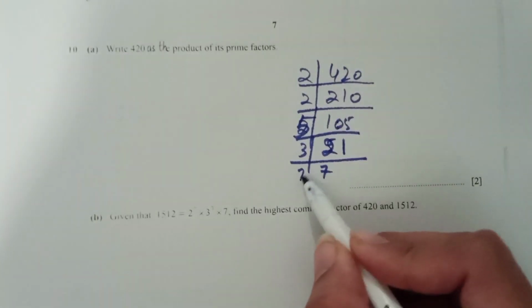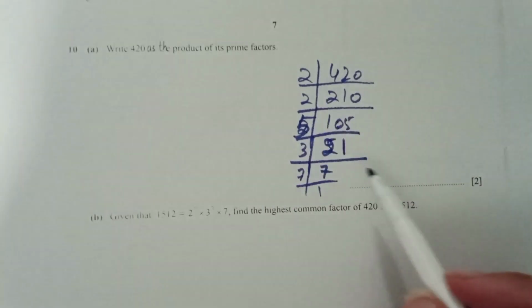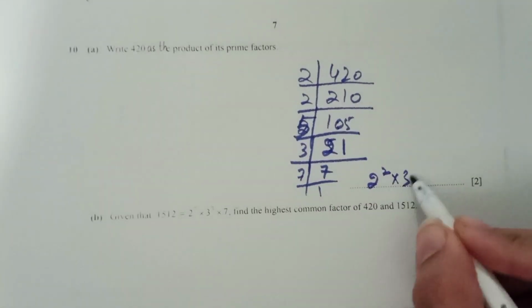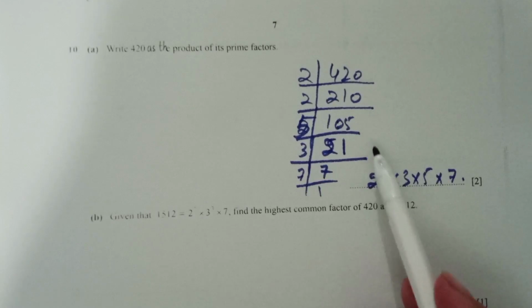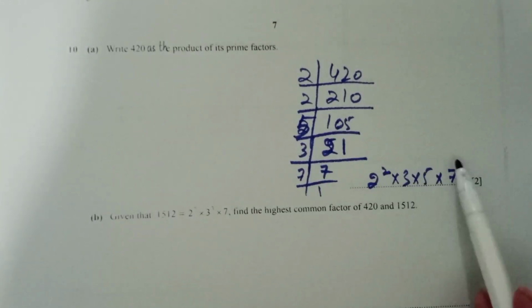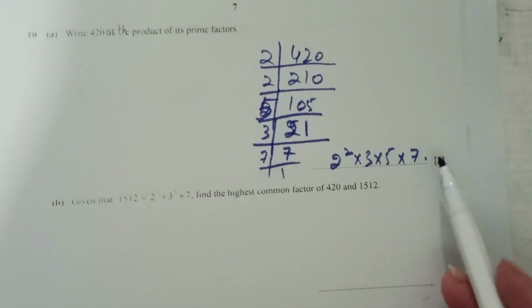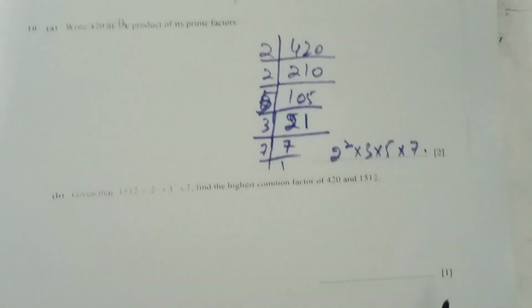These are the prime factors of 420. Now we have to write it like that: 2 power 2, and 3, 5 and 7. The 420, we have to write it like that, as a product of its prime factors. These are the prime factors of 420.